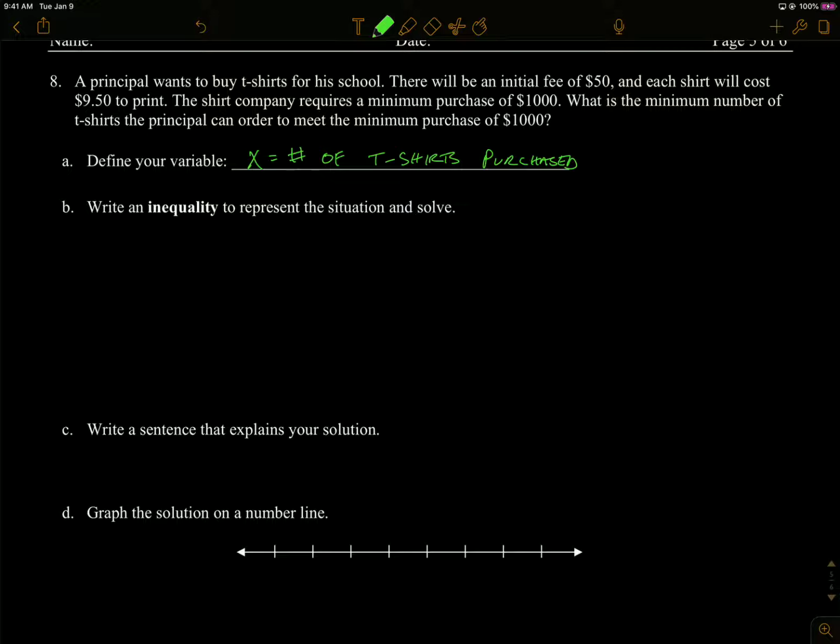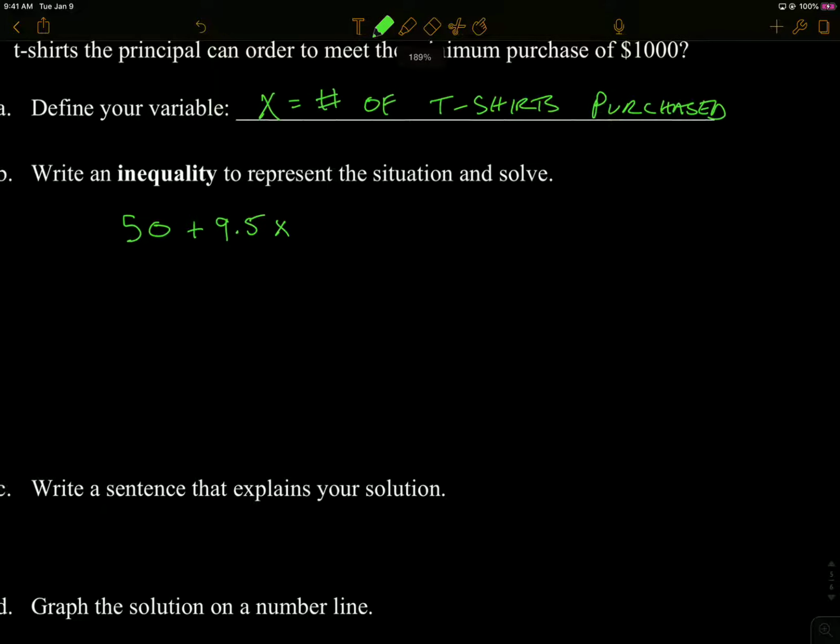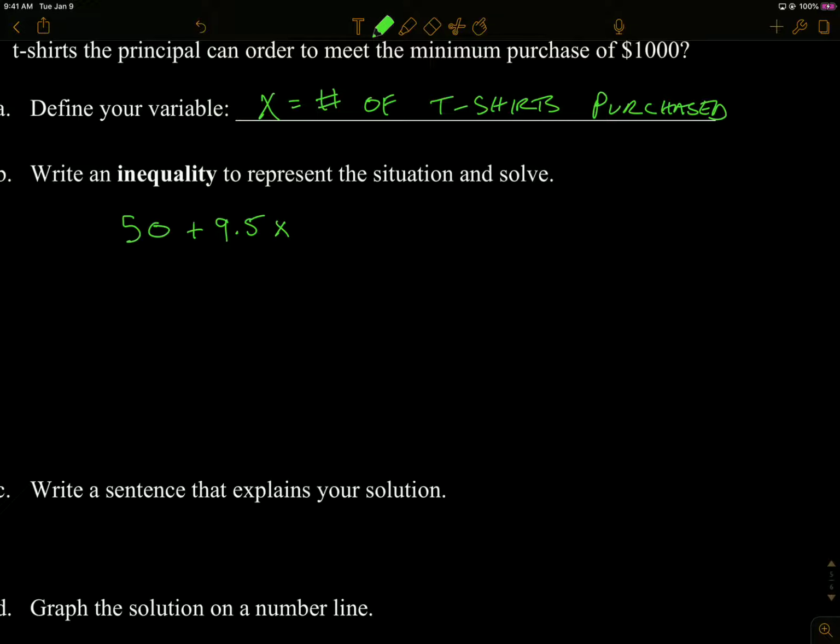So he's got, it's going to cost $50 for him up front, initial fee, plus $9.50 per shirt. So that's multiplication. So it's going to cost $9.50 times the number of shirts. Of course, we don't want to say how many shirts he's going to buy, so we'll just call that X to represent that. And that is going to represent his total amount of money spent, right?